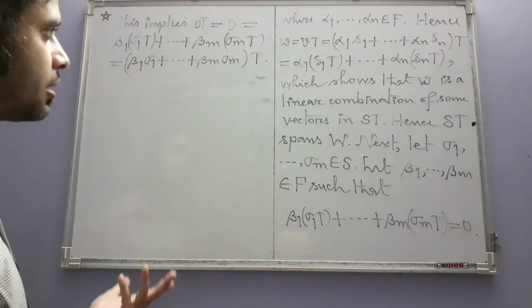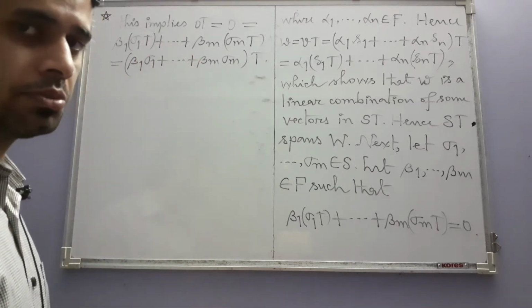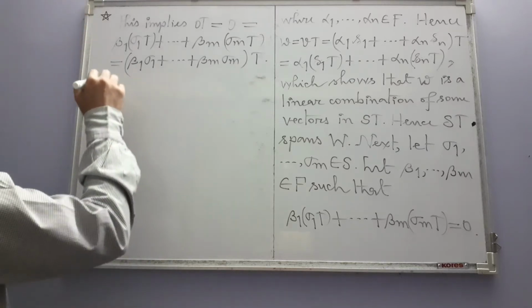So, outputs are equal and T is 1 to 1 because T is an isomorphism. So, inputs must also be equal.